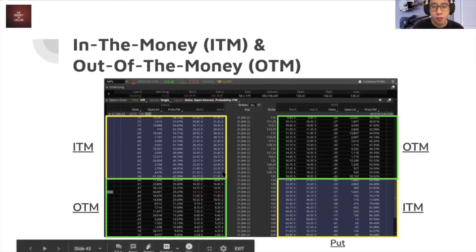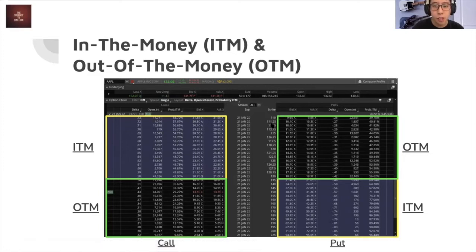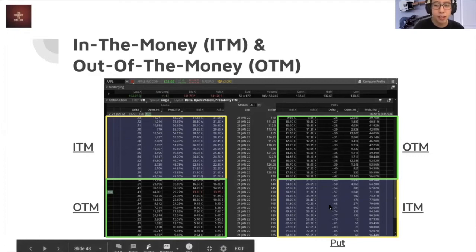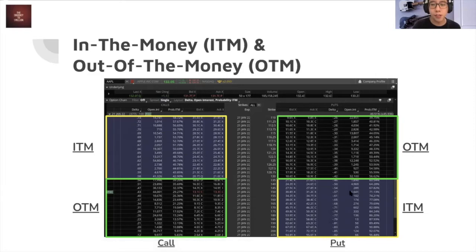If the strike here is lower than the current stock price, then it is in the money. So they highlighted the in the money part, and the not highlighted one is out of the money. And how you look at this is that the left side is the call options, and the right side is the put options.